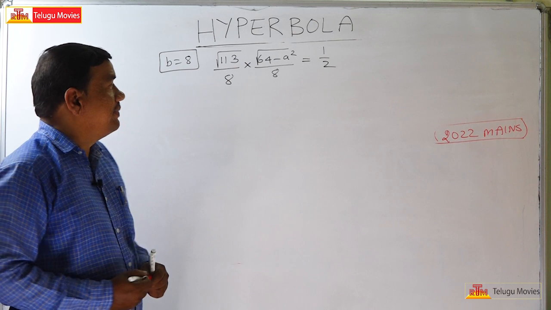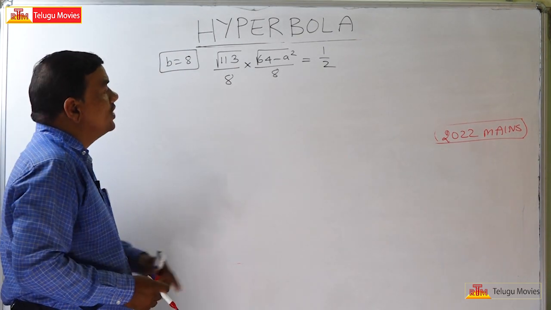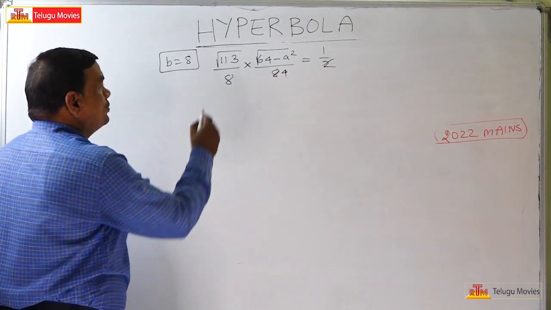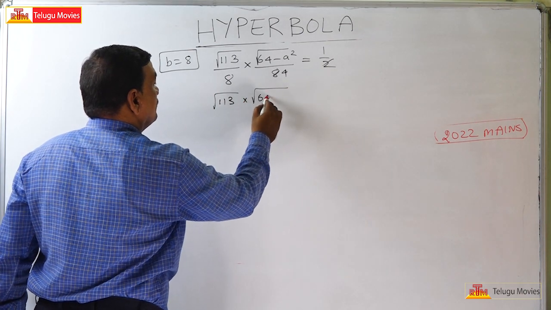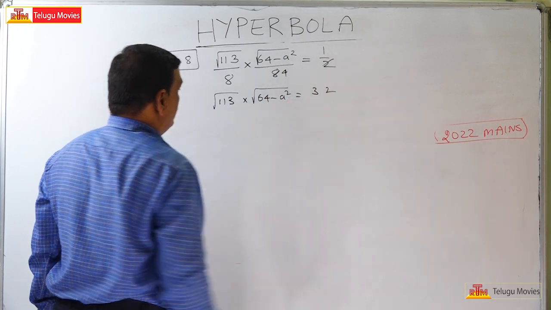Welcome back to the remaining part. So here already b value we got 8, and 2 1s are 2, 4 8s are 32. So this is root 113 into root of 64 minus a square is equal to 32.